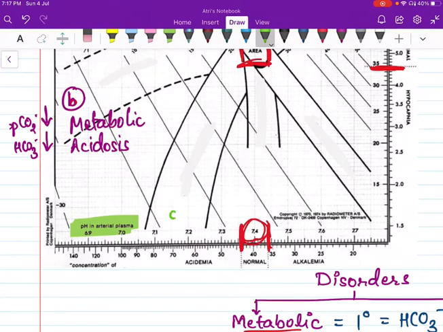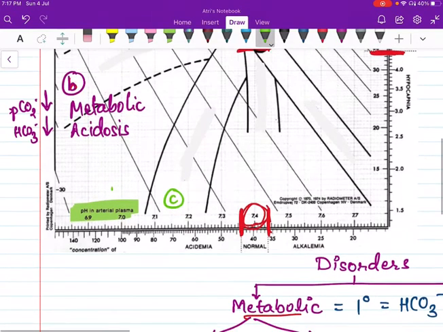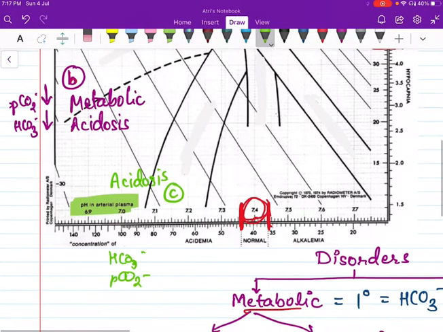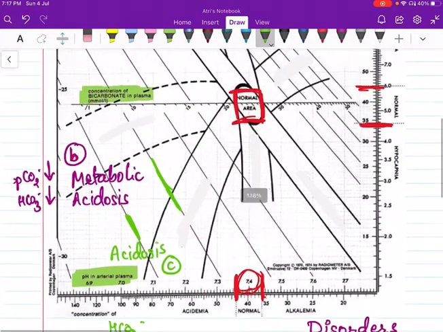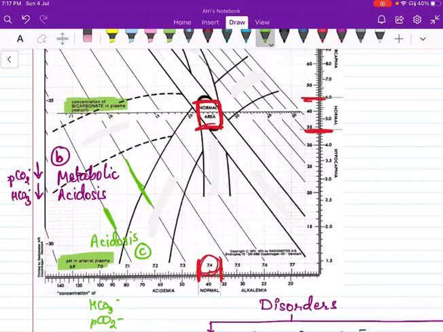Now what is point C here? Again, acidosis. What about bicarb levels and PCO2 levels? Bicarb level we have to trace along these lines. So again, bicarbonate levels will be low as it is towards this side.